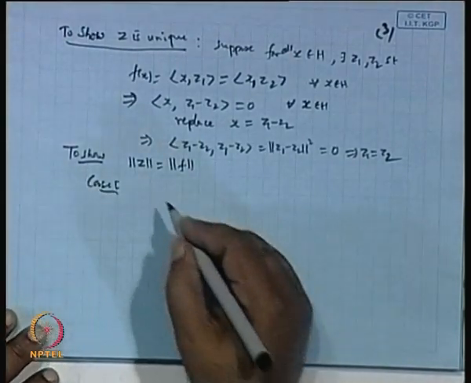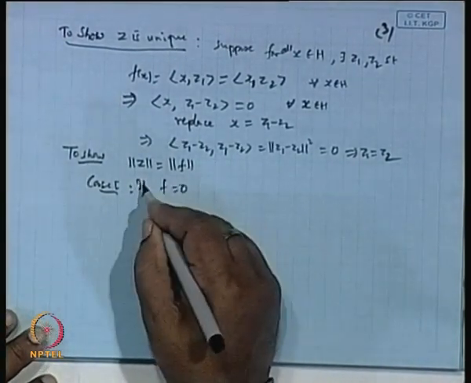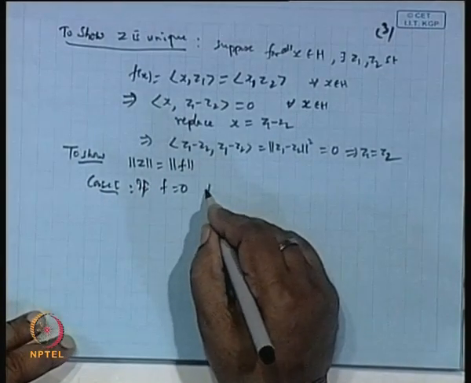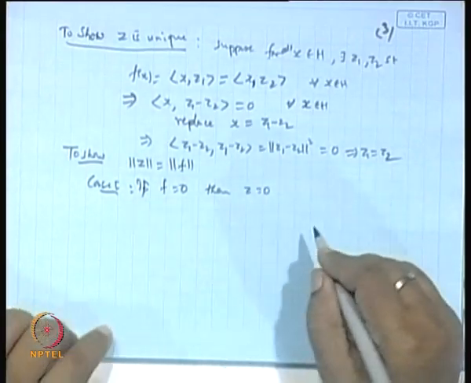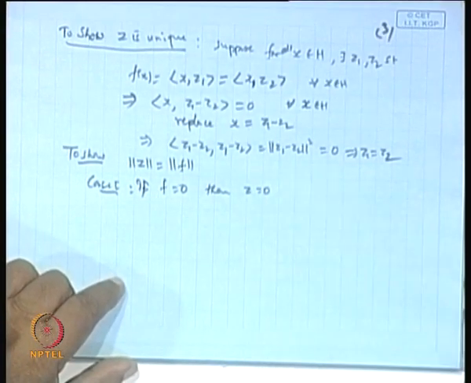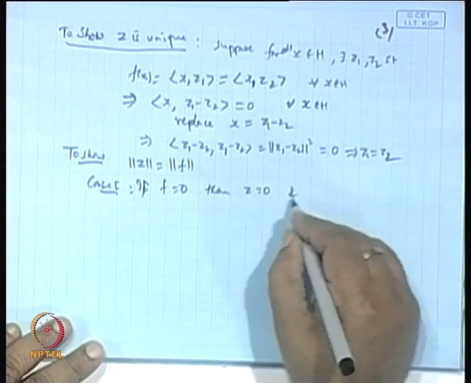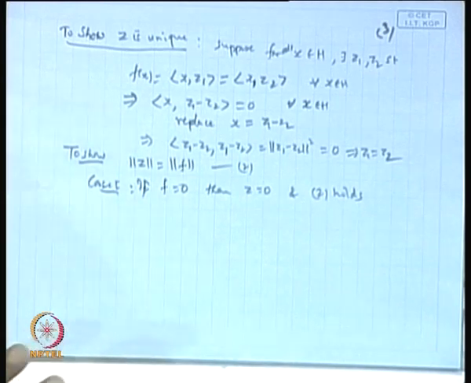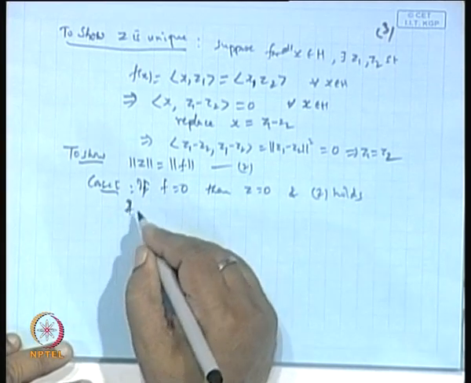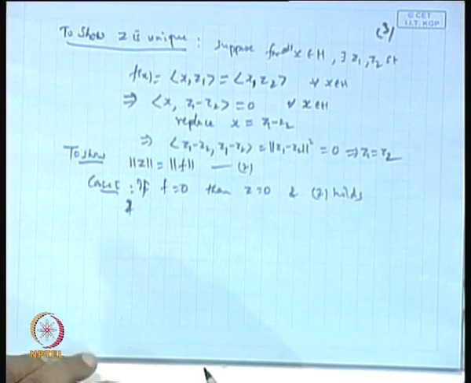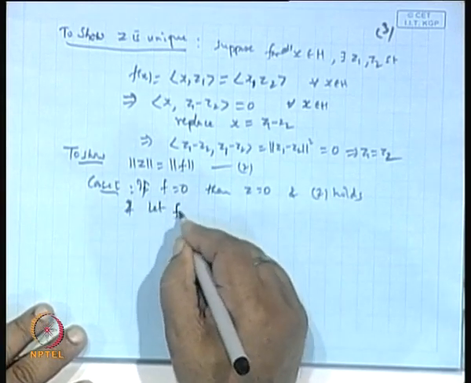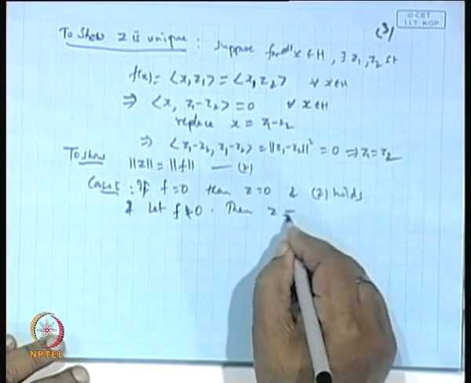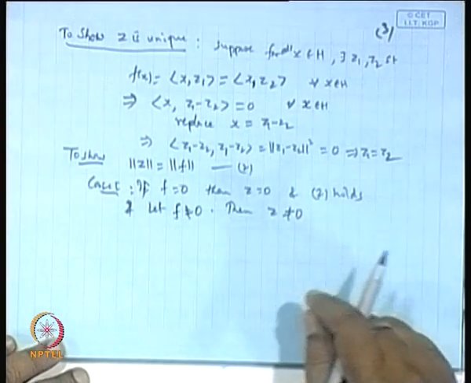If f is 0, then z is also 0 and it holds. If f is not equal to 0, then z is also not equal to 0, otherwise a contradiction.